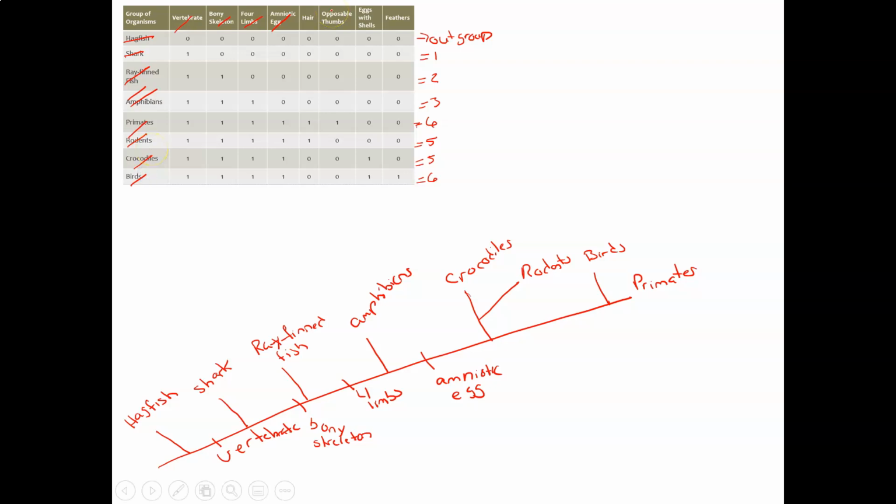What about the traits that I have left? Well, I've got hair, opposable thumbs, eggs with shells, and feathers. If I look down those crocodiles, well, they have eggs with shells, but the rodents don't. So that means it's going to be something that's unique to them.